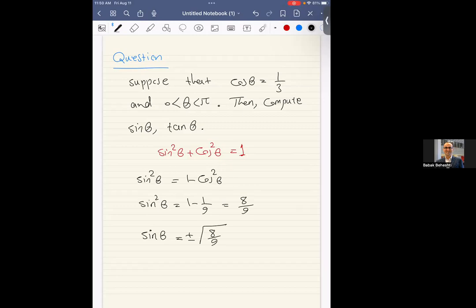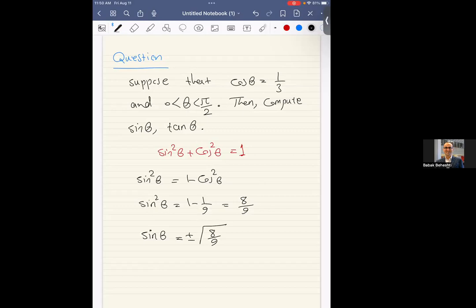But we know that theta is between 0 and pi half, so sine theta must be positive.